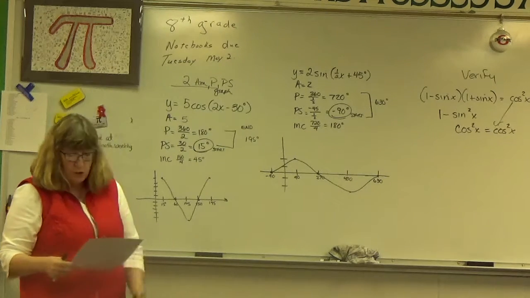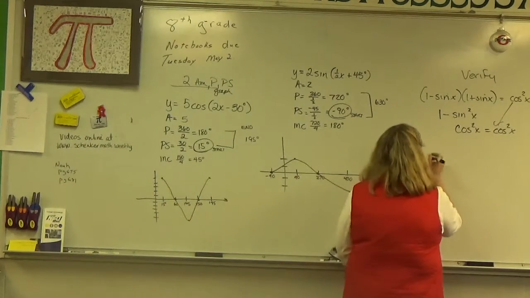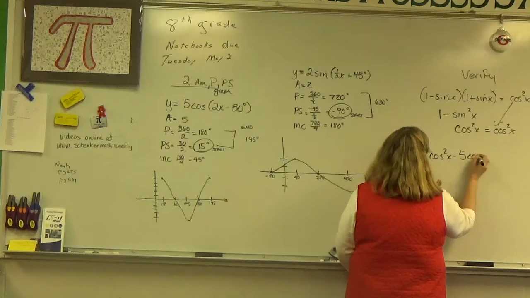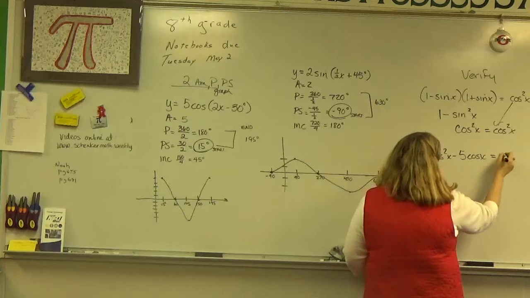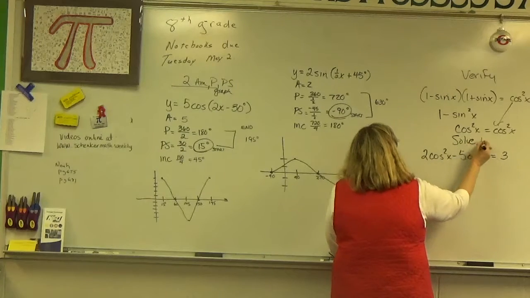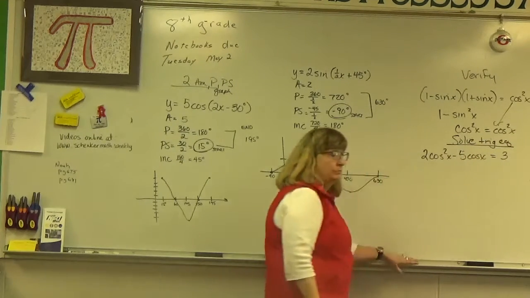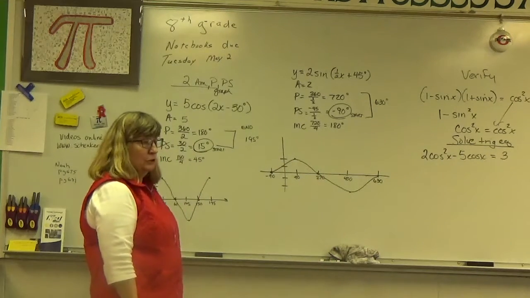Solve a trig equation between 0 and 360 degrees. What's this one under? Solve a trig equation. What would I do first?